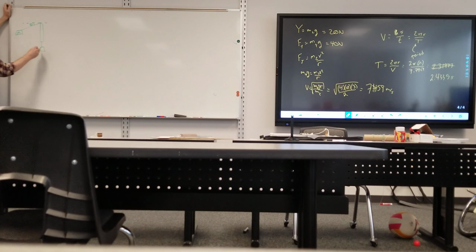This is mass 1, mass 2. Just expanding on it, let's make this 3 kilograms and make the other one 10 kilograms. So the ratio should be roughly what we have in this situation right here.